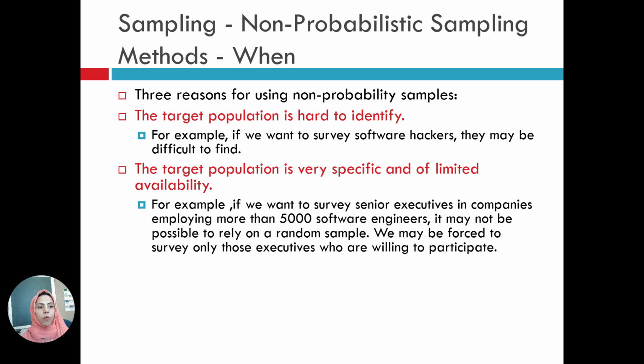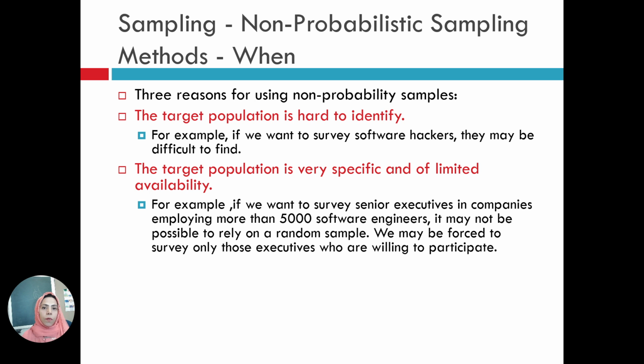Maybe you're trying to survey senior executives किन company के, of large software houses जो कि employ more than 5,000 software engineers. Imagine करें such high profile people. First of all, there aren't many companies जो कि 5,000 software engineers employ करेंगी.